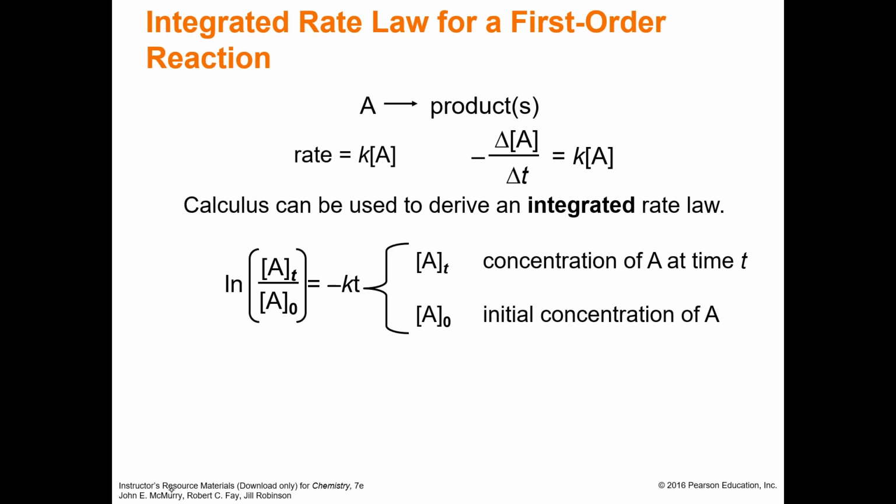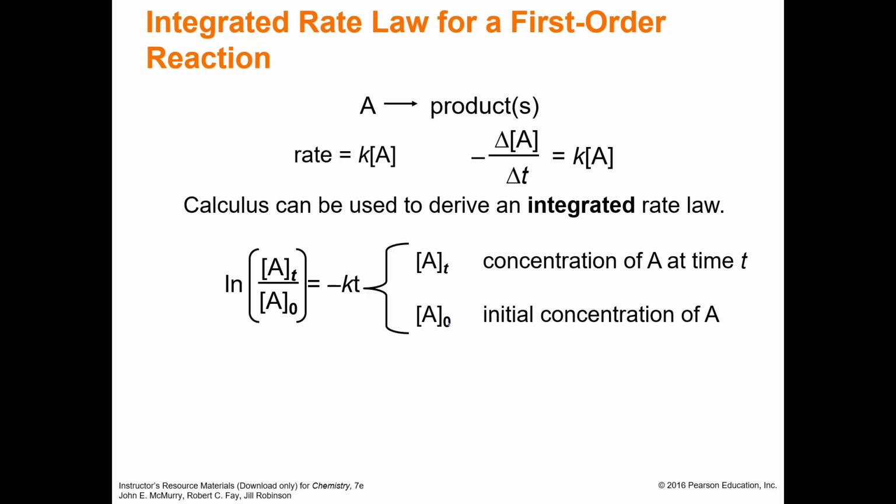So the integrated rate law is the natural log of the concentration of A at time t over the concentration of A at time 0 is equal to negative kt, where the concentration of A at time t is represented with a t subscript, and our initial concentration is at time 0. Now, this form is not particularly useful to us.